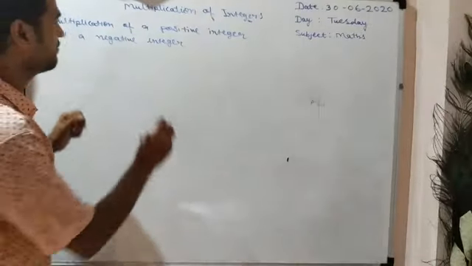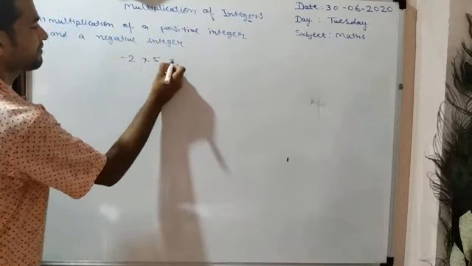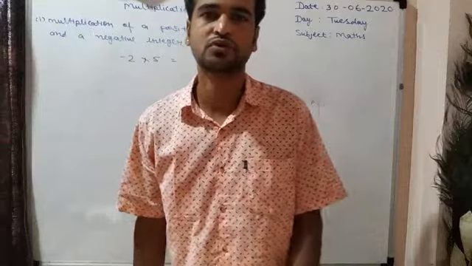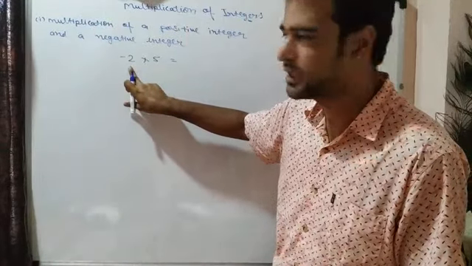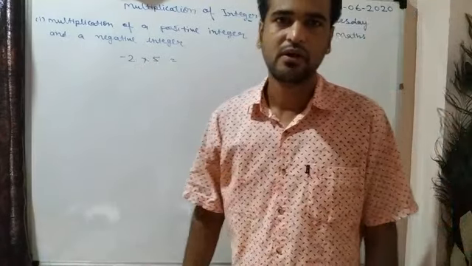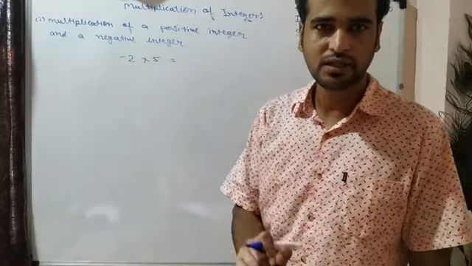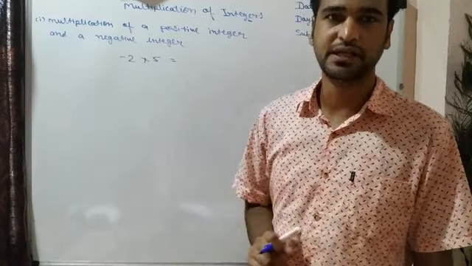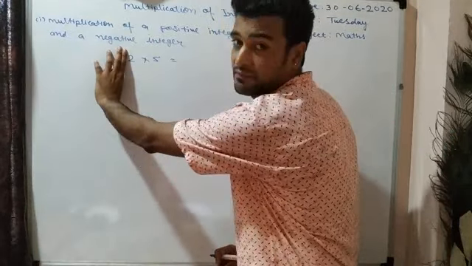Okay, with the help of one example we will understand this concept. Minus 2 into 5. Here the first integer is a negative integer, and the second integer is a positive integer. When we want to multiply a positive and a negative integer, first ignore the sign. If we ignore the sign, what do we have? 2 into 5.